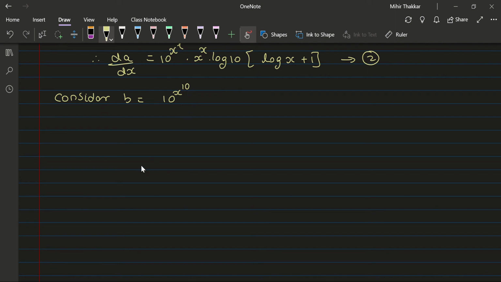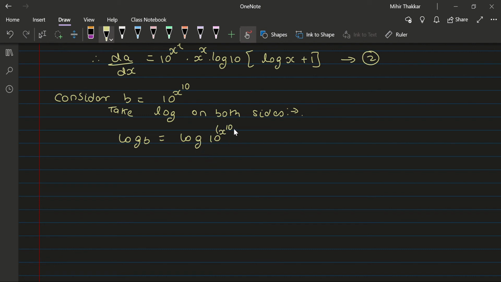So now over here, I have to take log on both the sides, just in order to simplify and take the power in the base. So I get log b is equal to log of 10 raised to x raised to 10.